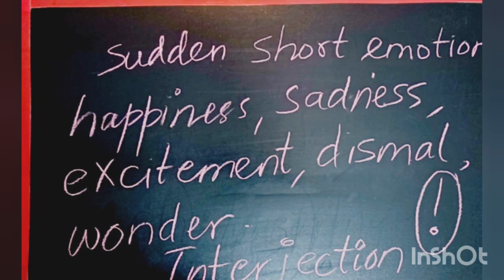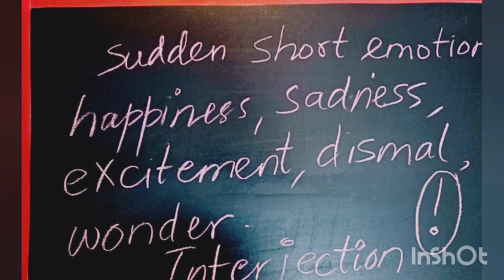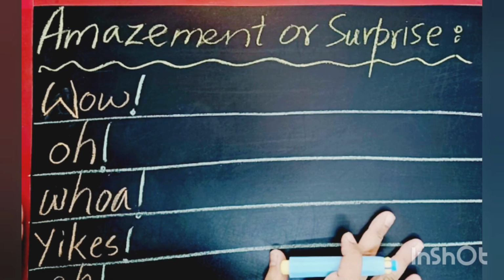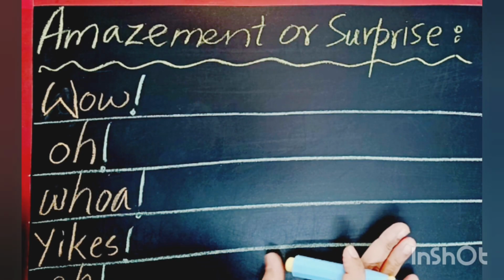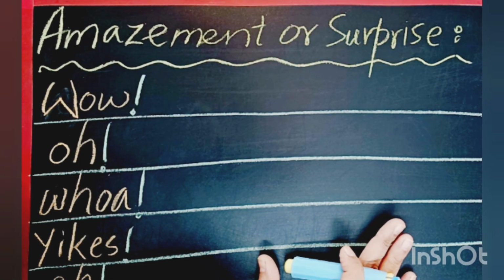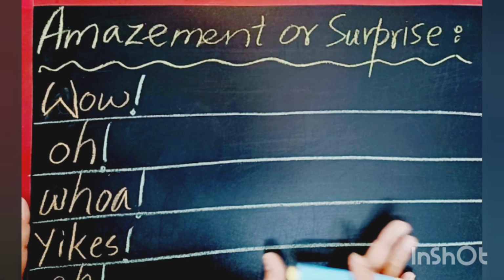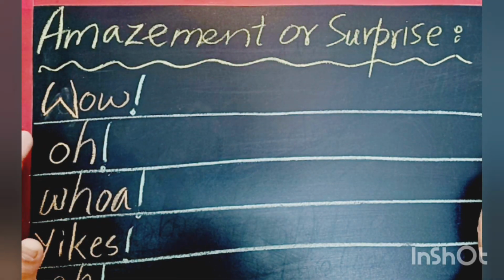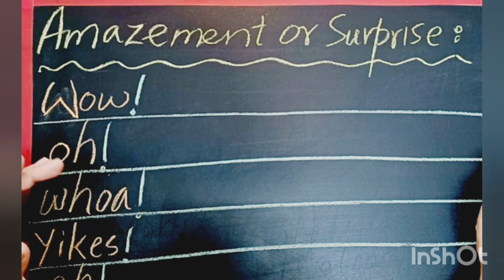Okay, so let's see what these words, called interjections, are separately. Let us learn these words with the help of examples for each. Okay, let's do it. Amazement, when we are surprised or amazed by a situation.